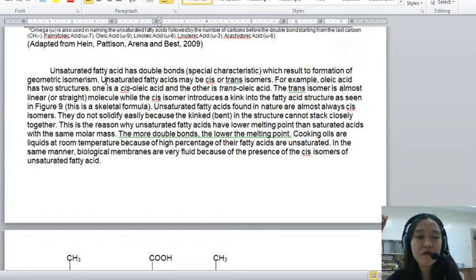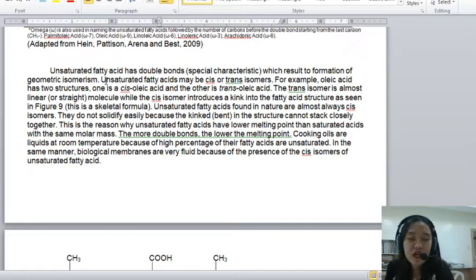So if you remember our past lesson doon sa ating stereoisomers, isomers have actually two types. You have the structural isomers and the geometric isomers. So if you still remember, geometric isomers have two structures, the cis and trans geometric isomer.